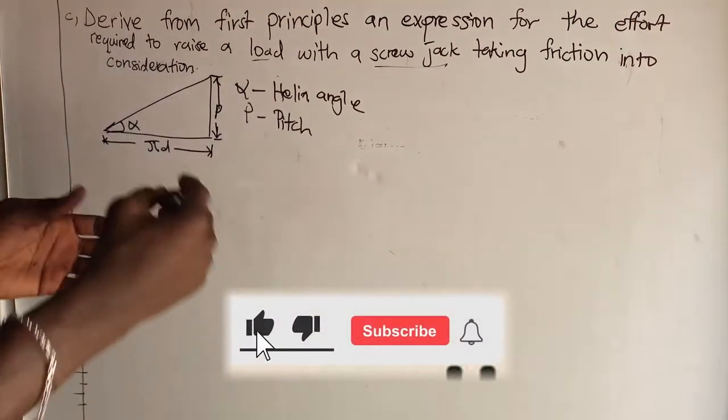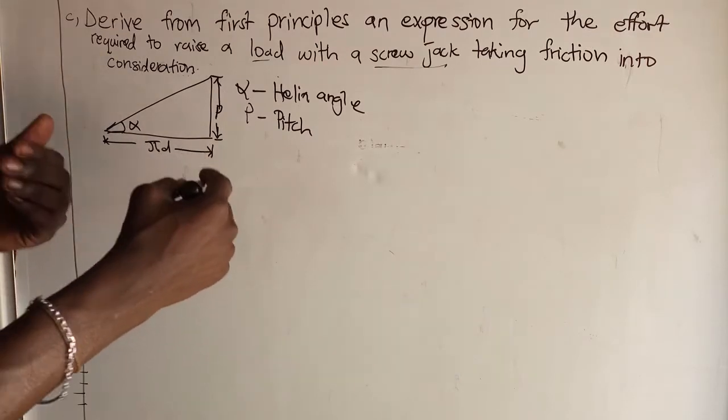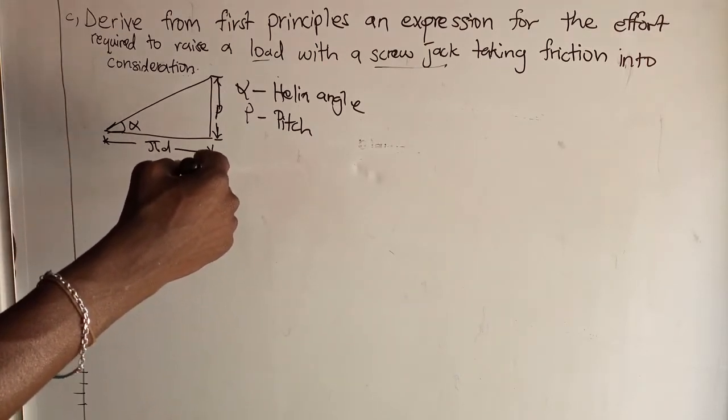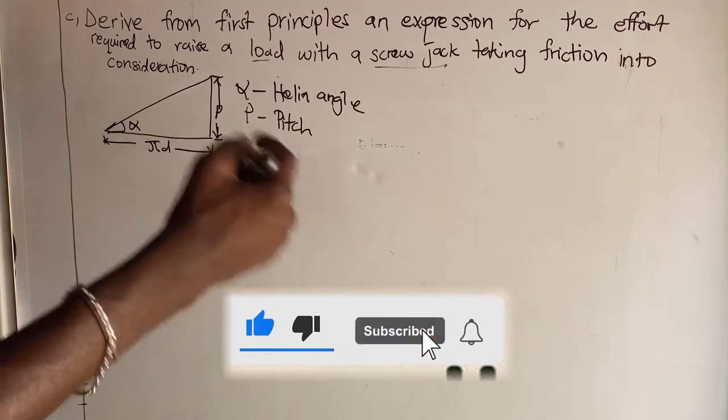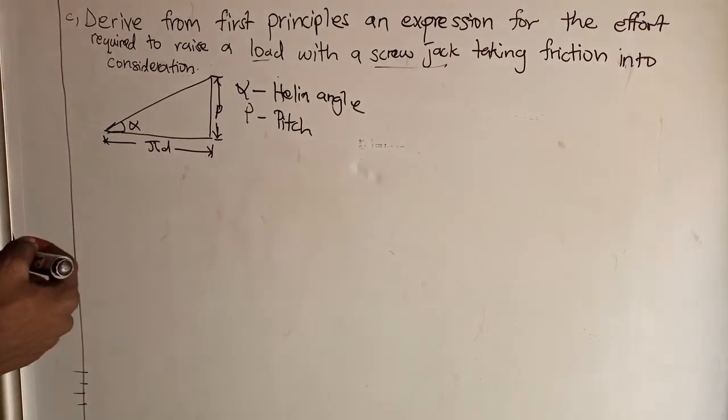I have said that if pi d is the distance traveled by the screw in one rotation, it means that in that one rotation it will cover a distance of one pitch, which is p.